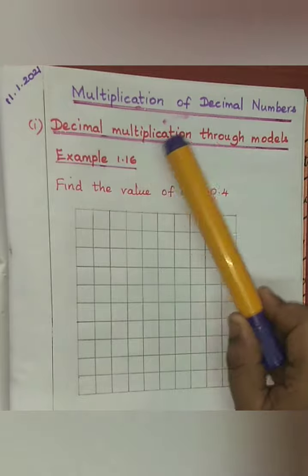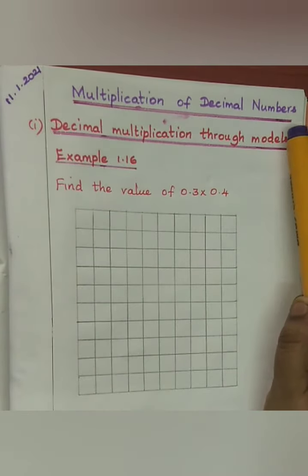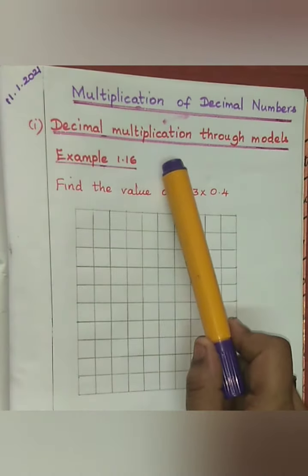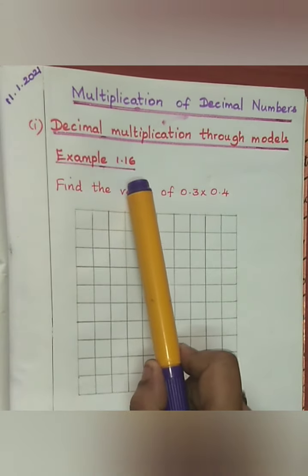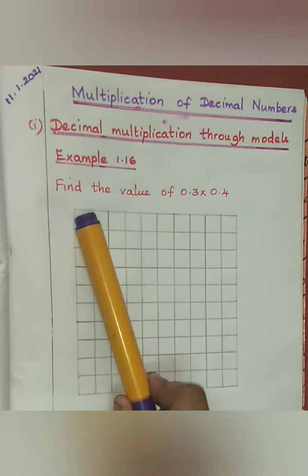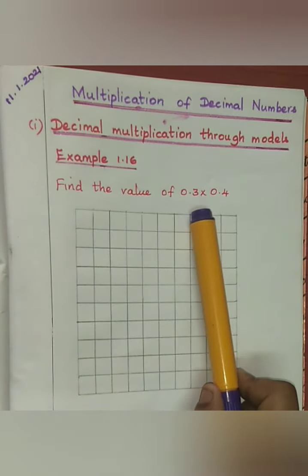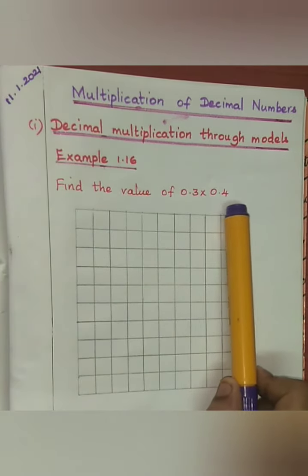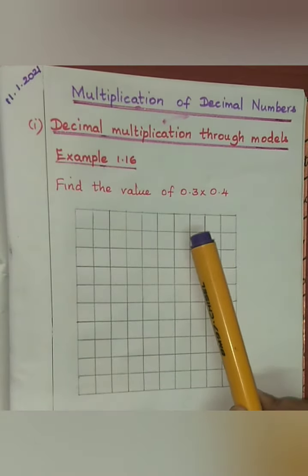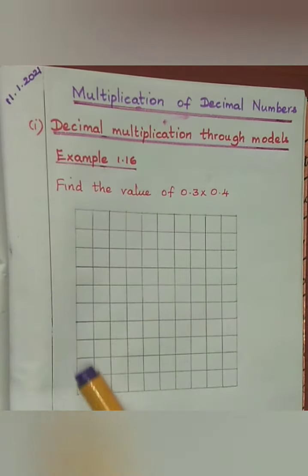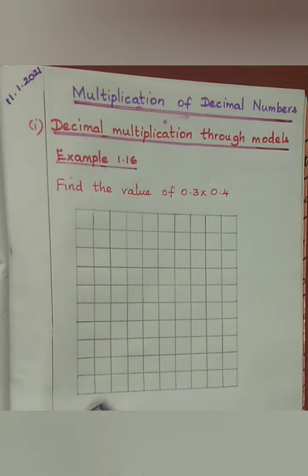Now let us see multiplication of decimal numbers. First let us see decimal multiplication through models. Example 1.16. Find the value of 0.3 into 0.4. Draw a grid. We know that one column represents 0.1.